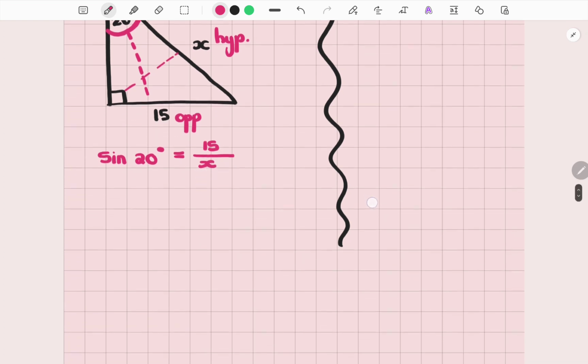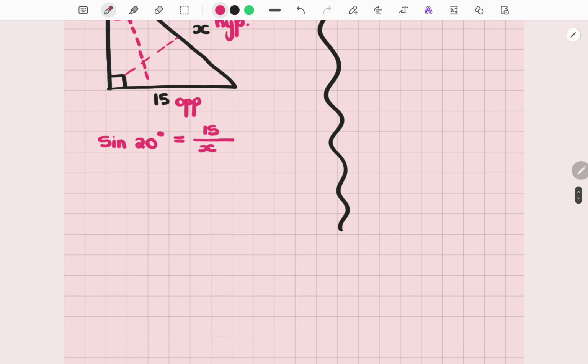All right, and this is where I just want to show you the algebra behind it. So we want to get x alone, but at the moment we can't because x is at the bottom there. So we're going to times each side. There's two ways of doing this, so I'll show you both ways, or a faster way. You times by x on both sides to take away that fraction.